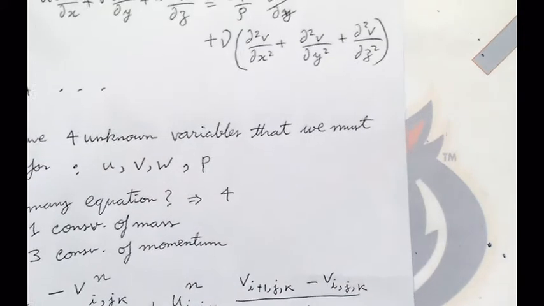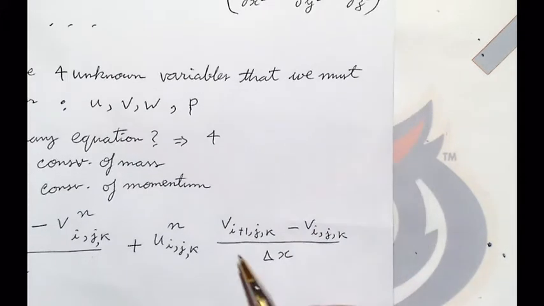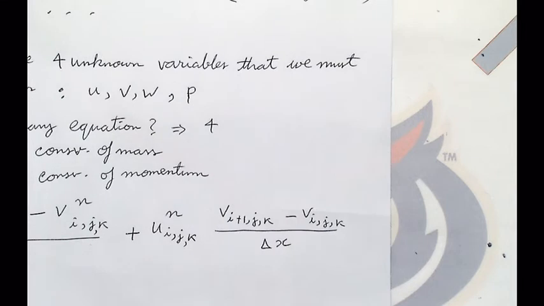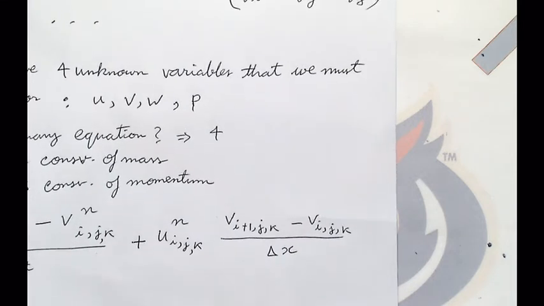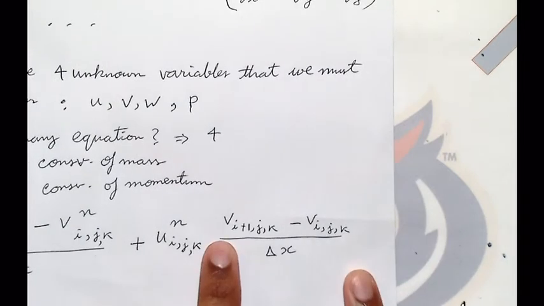Before we move on to the other terms, there's a few important things here. You told me it's i plus 1 jk and i jk, right? The j and k do not change. Why? Because we are moving in x direction. Yeah, all right. We're taking the derivative in x, right?